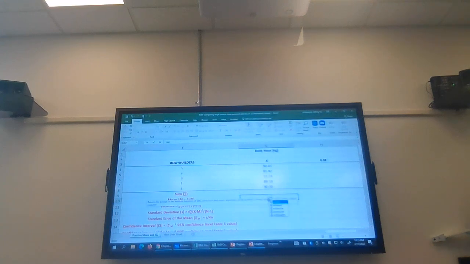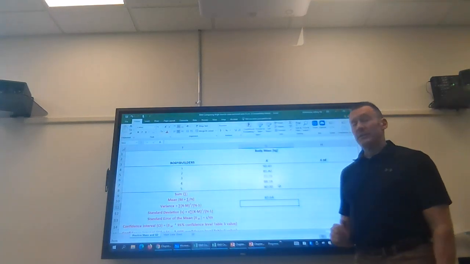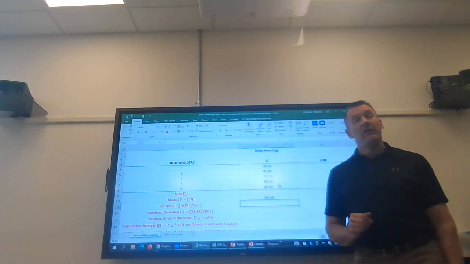Yep, so I type in the average and open parentheses, and then you could simply highlight the cells that you want to take the average of, close your parentheses, and so it looks like the average or mean body mass for the bodybuilders in kilograms was 83.64.